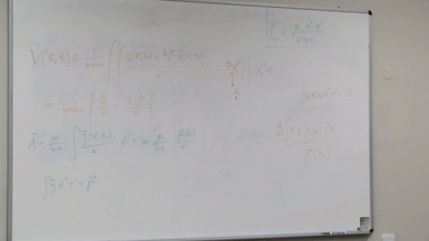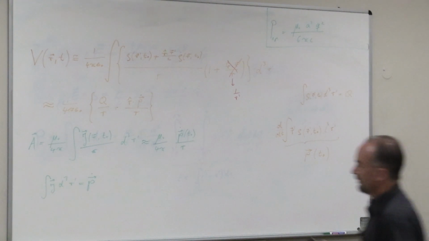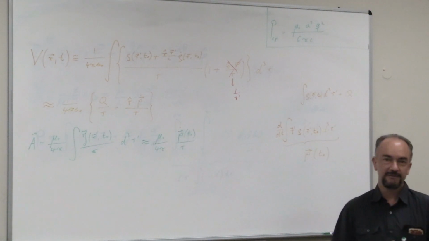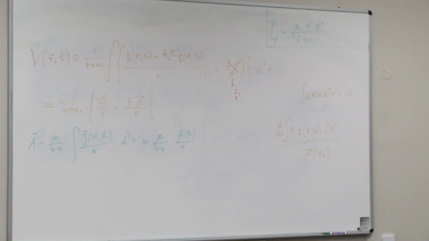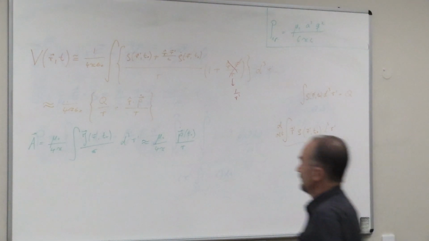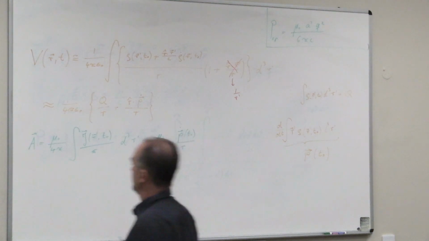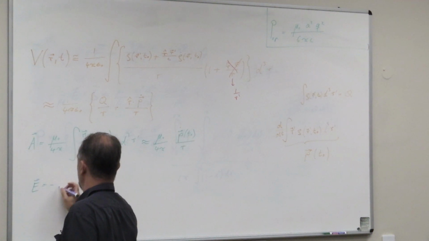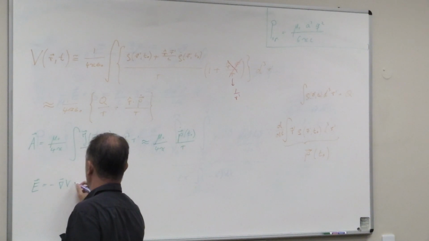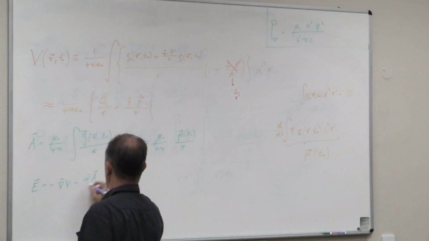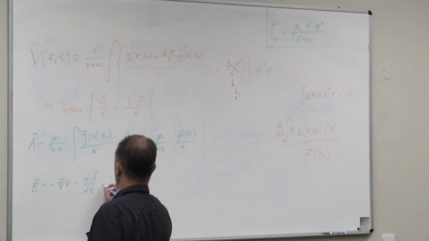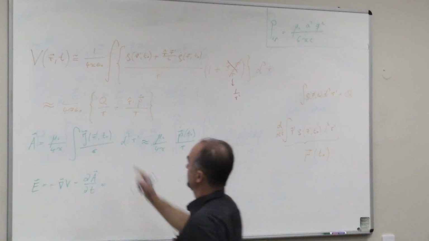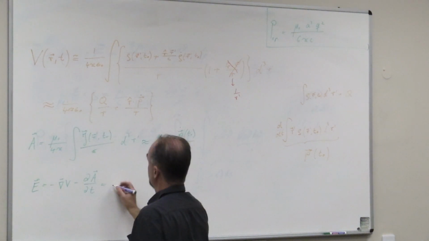Okay, those are our potentials. Almost everybody remembered in the midterm exam how to calculate the fields from that, right? Calculating the fields here, the electric field equals minus gradient V minus partial A over partial t.